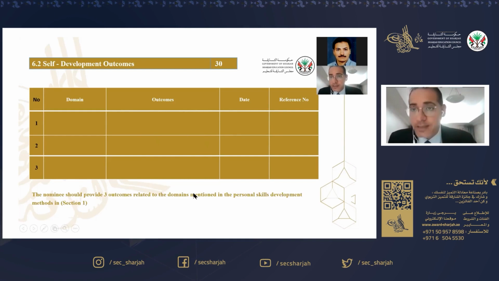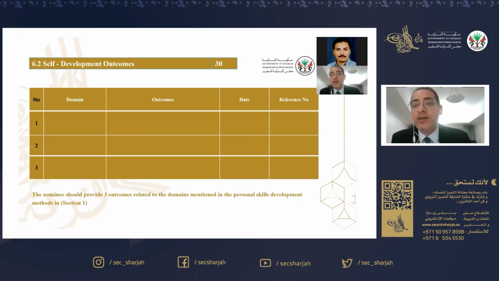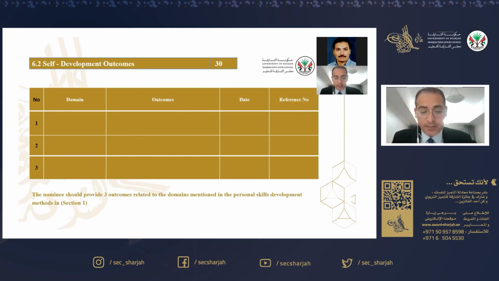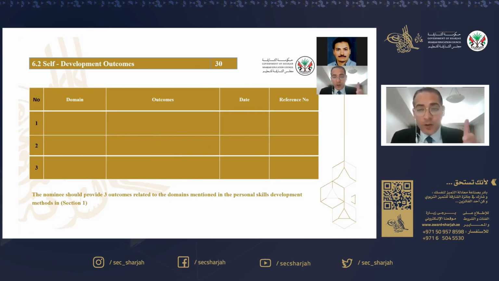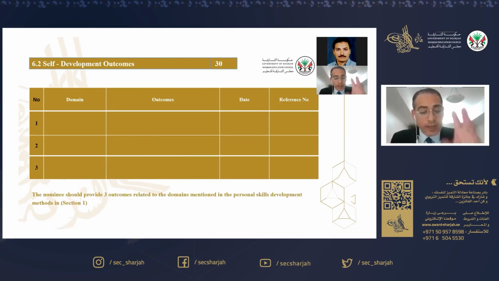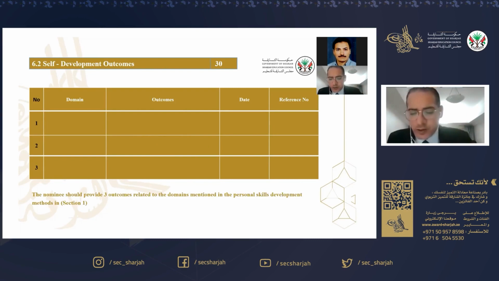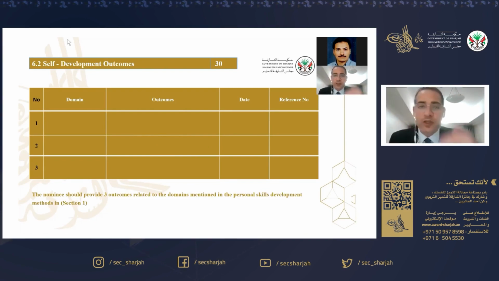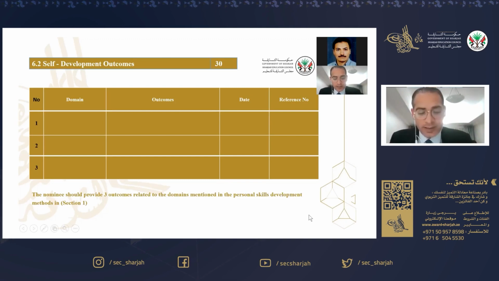Remember, dear student, Sharjah Award is an evidence-based award. So all you submit should be supported by evidence. Of course, all the 3 outcomes should be related to the domains or the areas or the personal skills you mentioned in the previous skills.